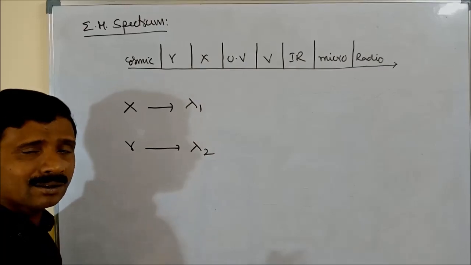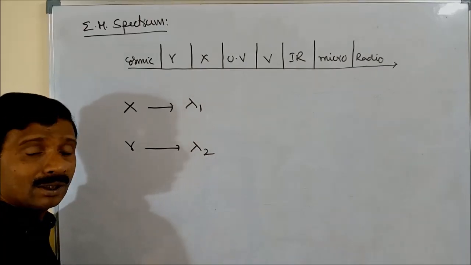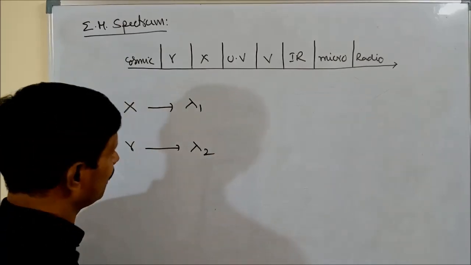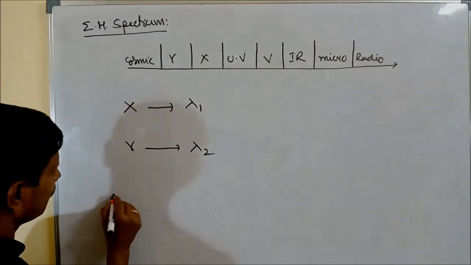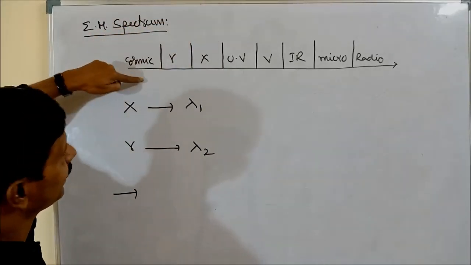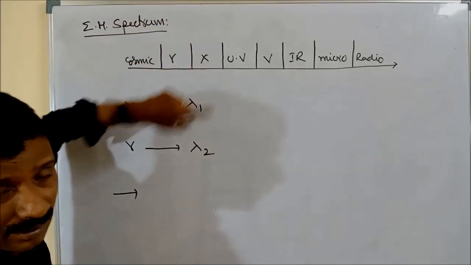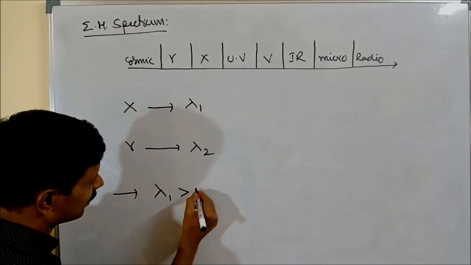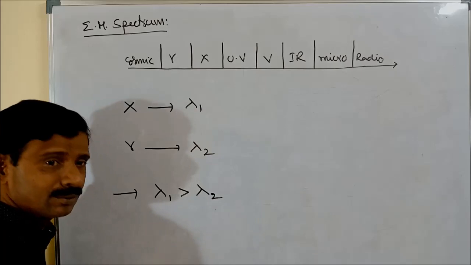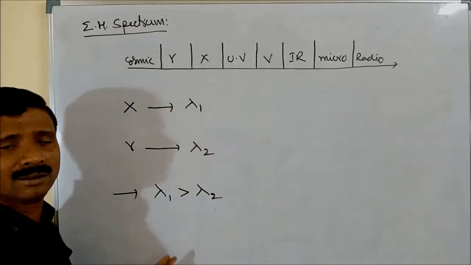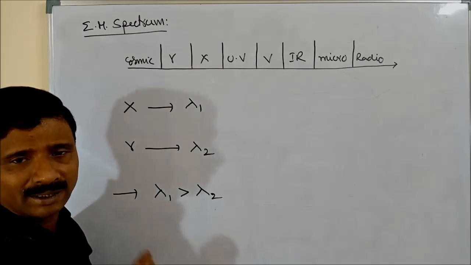They will give either lambda 1 is equal to, less than, or greater than lambda 2, and we have to observe. As per the diagram, since we have X-rays here and gamma rays here, in this direction wavelength is going on increasing. That means no doubt lambda 1 is greater than lambda 2. Like that we get simple questions on this electromagnetic spectrum.